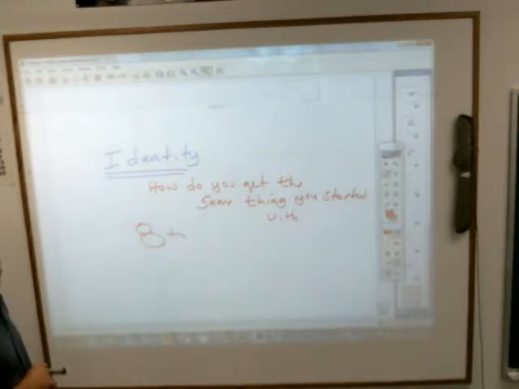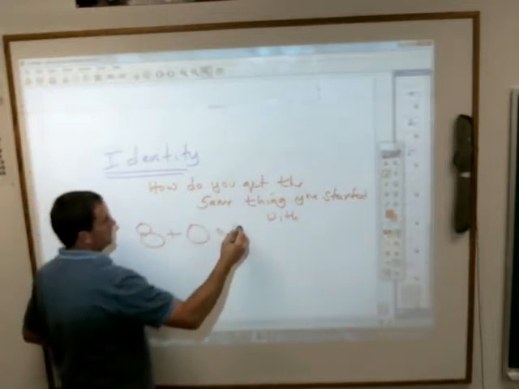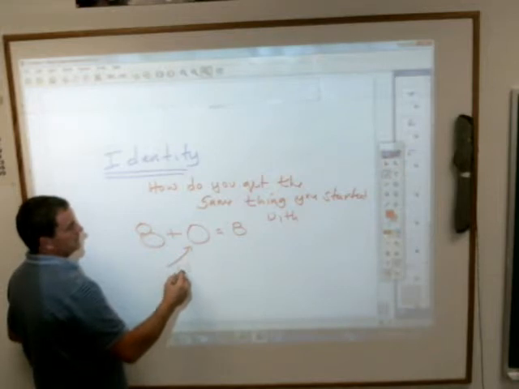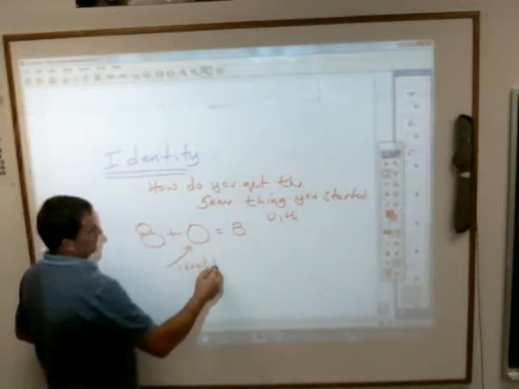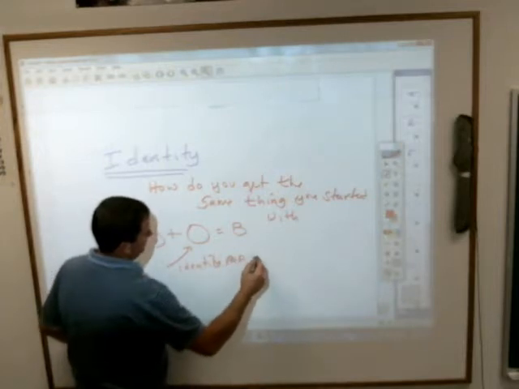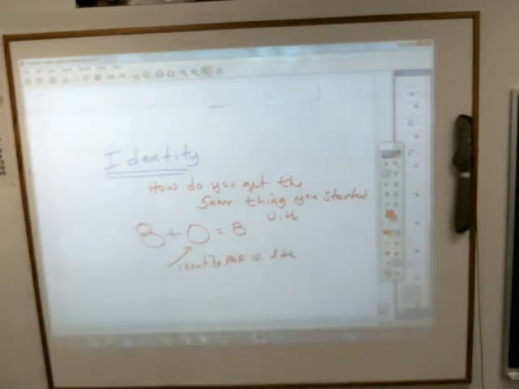I know it's hard, Taylor. 0. Exactly. 8 plus 0 equals 8. This is the identity property of addition. The identity property of addition is just when you add 0 to it, you get the same number.